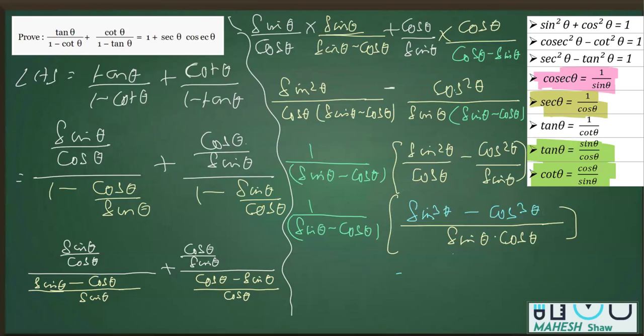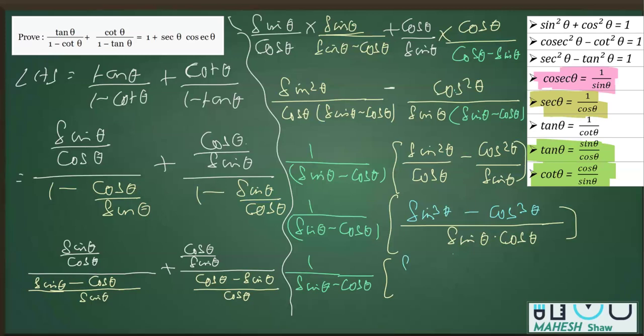So keeping the rest as it is, this will remain as 1 over sine theta minus cos theta, times, as I said, I'm going to apply this identity here.